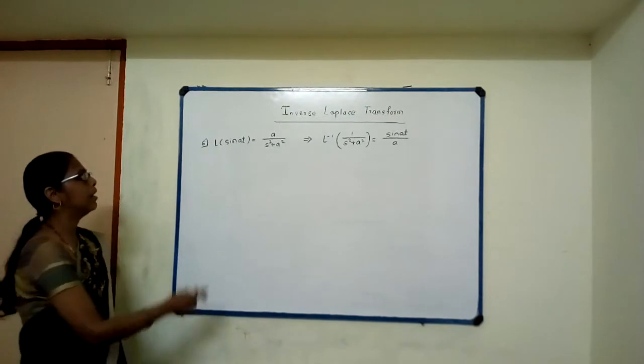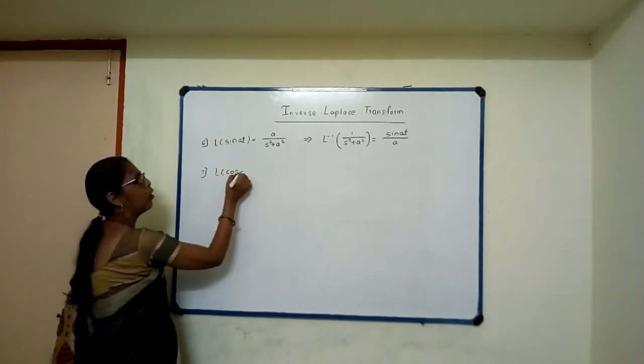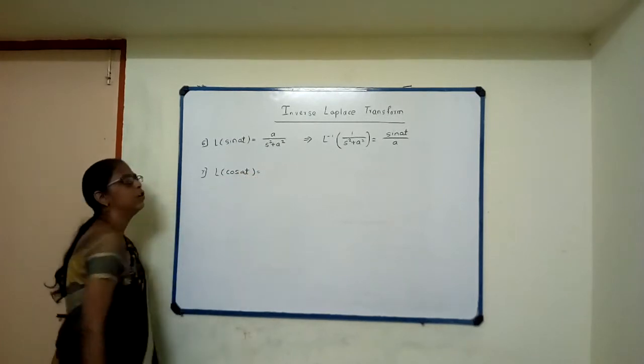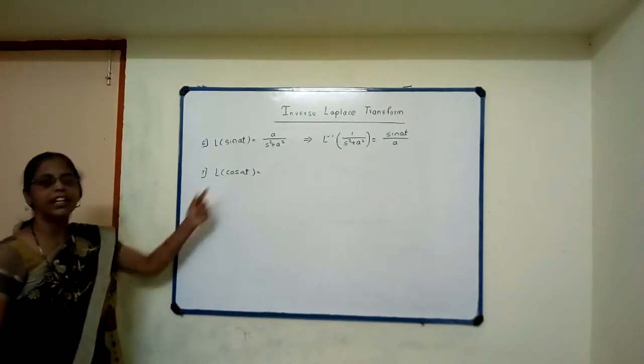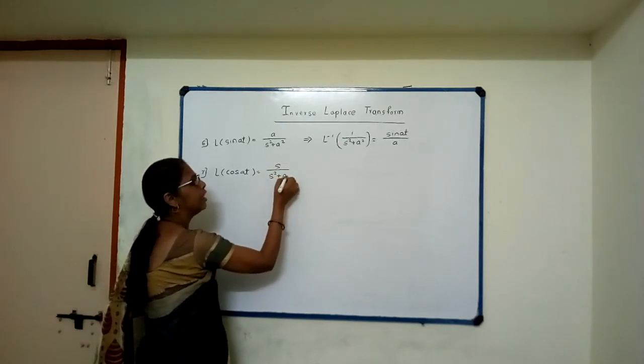Now seventh formula, Laplace transform of cos at is equal to, we know Laplace of cos at is s upon s square plus a square.